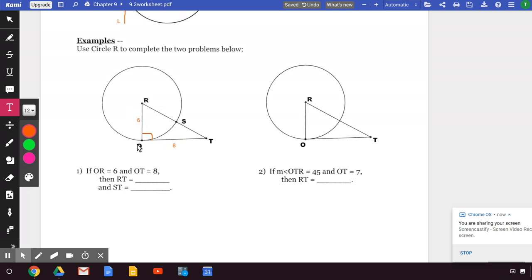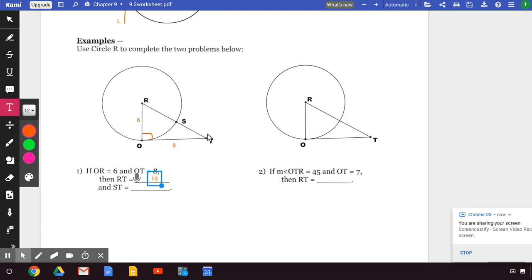So 6 squared plus 8 squared is 36 plus 64, and we would get 100, and then the square root of that is 10. So RT would have a length of 10.